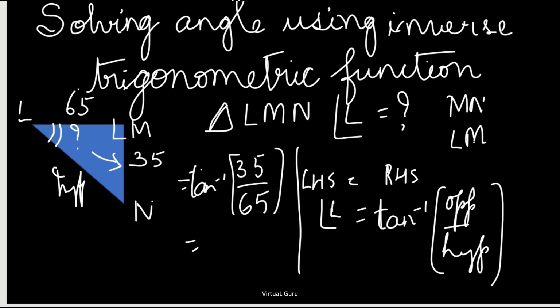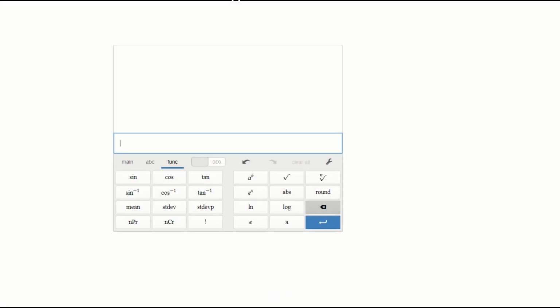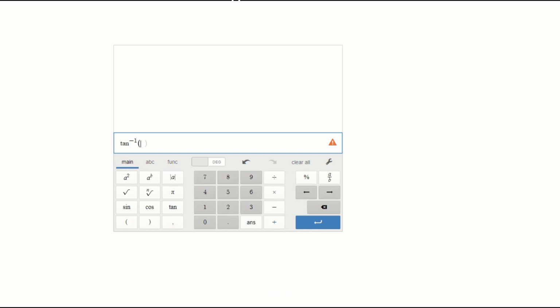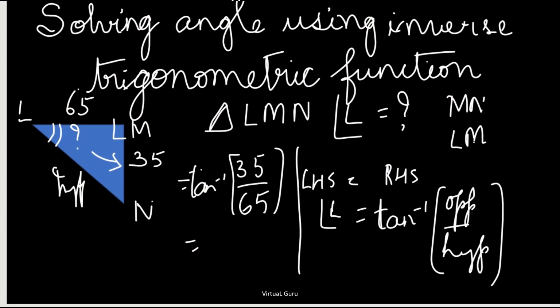If we use a calculator, we have to find tan inverse of 35 divided by 65, which will give us 28.3. So that will be our answer. We can write up to the hundredth place value. This is our angle L.